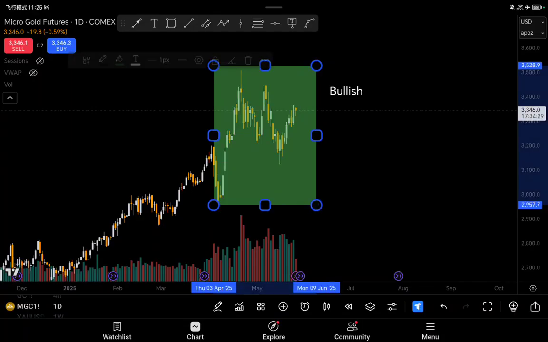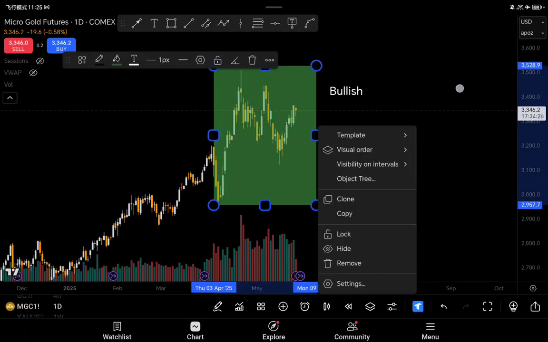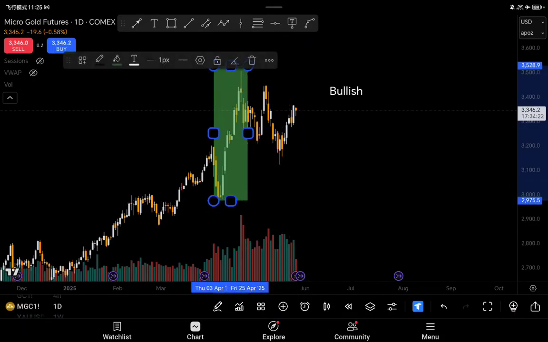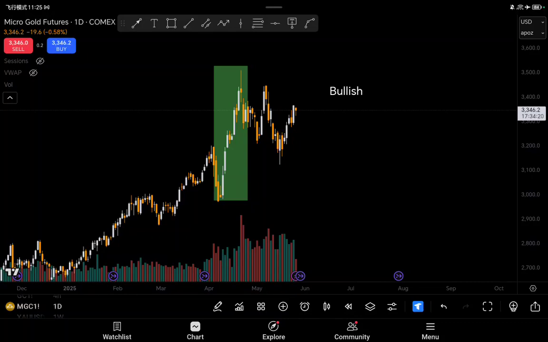So what we want to see now, we focus on the primary move. What I mean by primary move is the initial push of the market. We can split into primary and secondary move, but we focus on the primary move first. Okay, this simple push went from here to here.